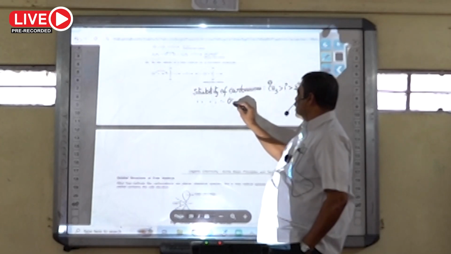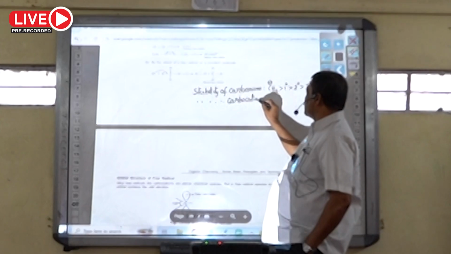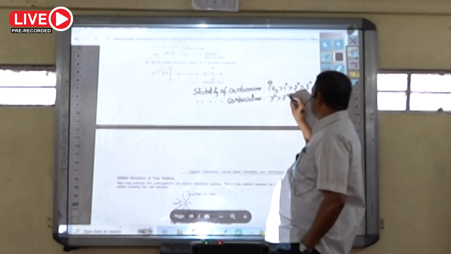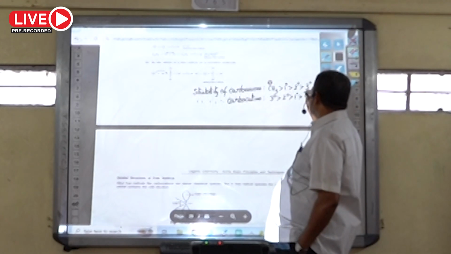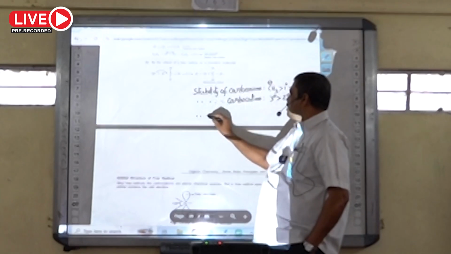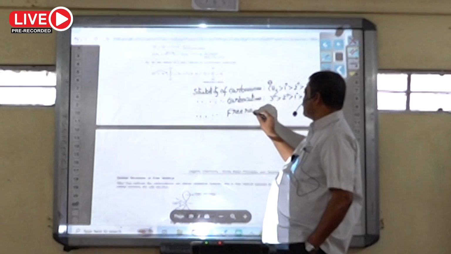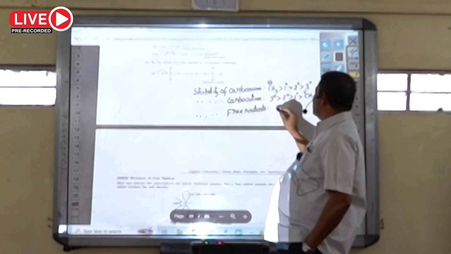Stability of carbocations: tertiary greater than secondary, greater than primary, greater than methyl. Stability of free radicals: same order.